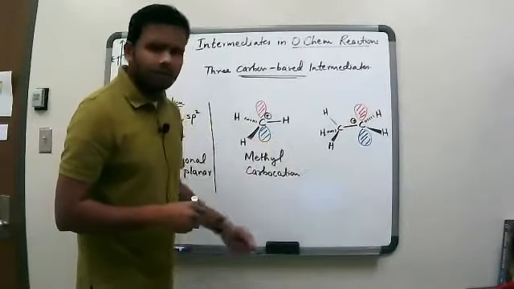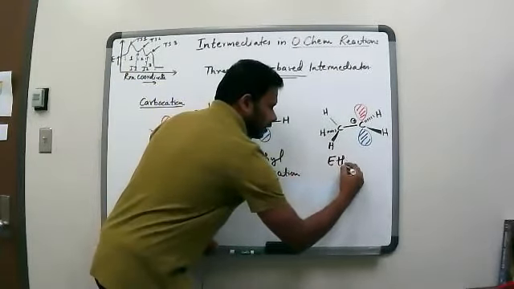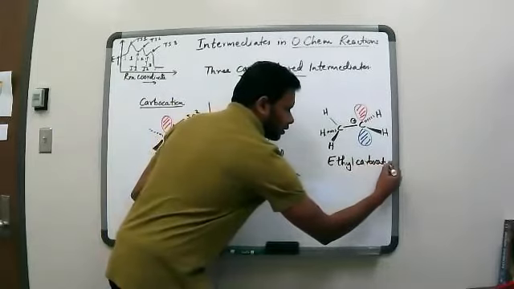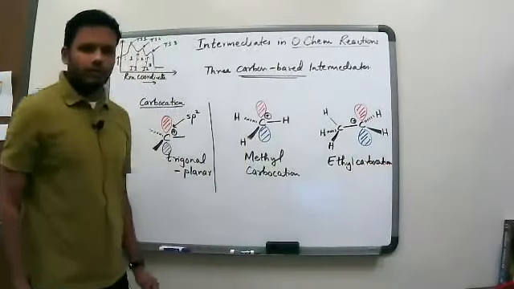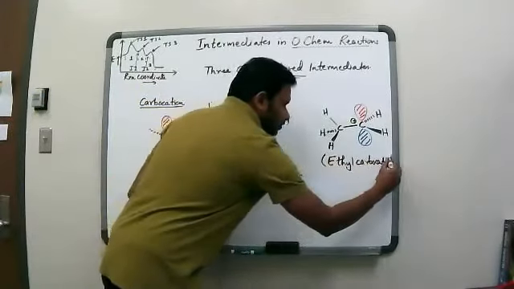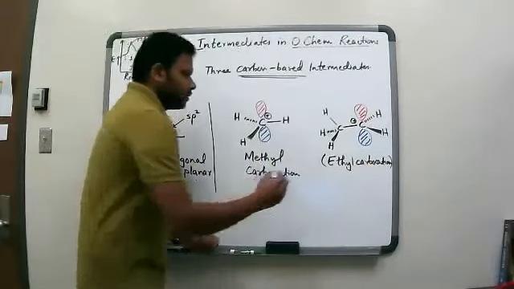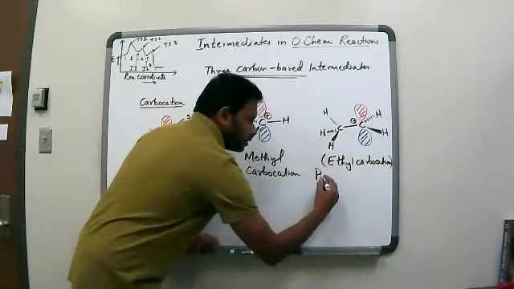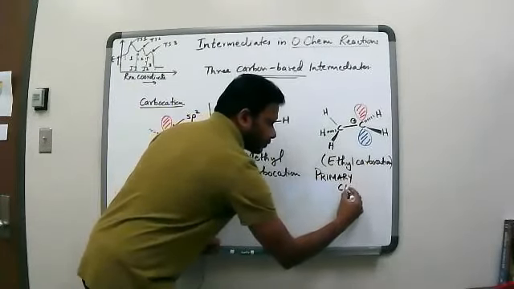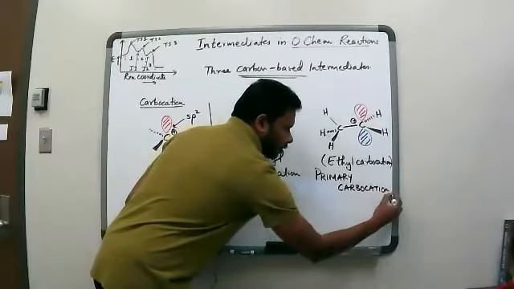Now, similarly, this one here, we can call it an ethyl carbocation. Okay, that's an ethyl carbocation. Or if I wanted to be more general, I can call it a primary carbocation.